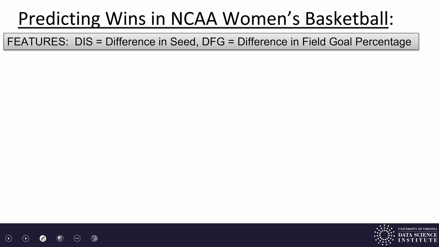The features they found useful were the difference in seed. When they go to the round, teams are assigned a seed by people ranking the different teams. And then they found a second useful feature called DFG, which is the difference in field goal percentages between the 2 teams, meaning which team had a better field goal percentage or how much better it was.